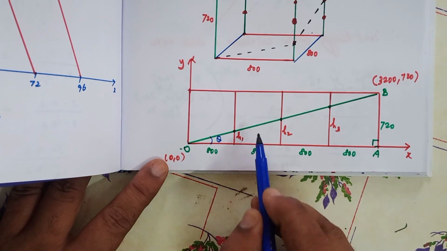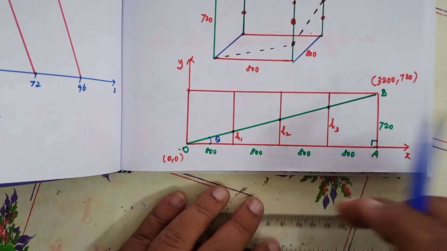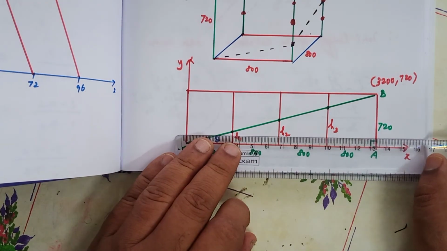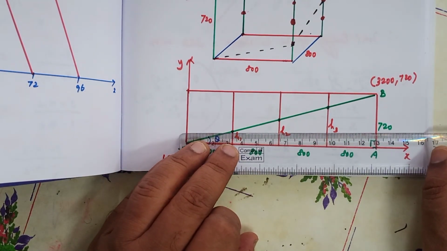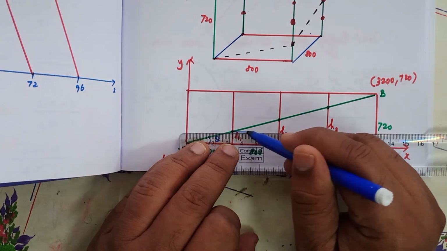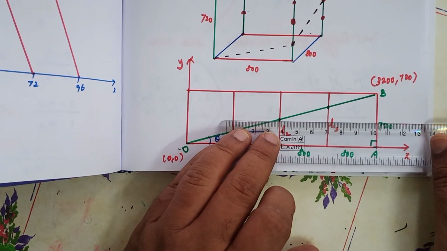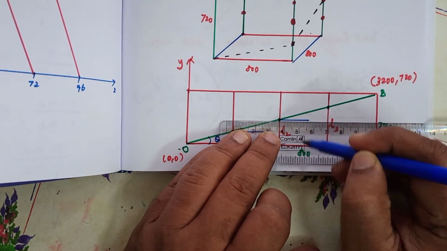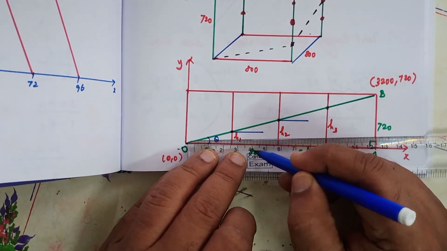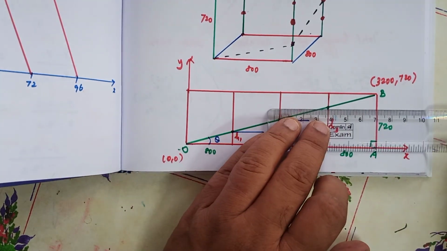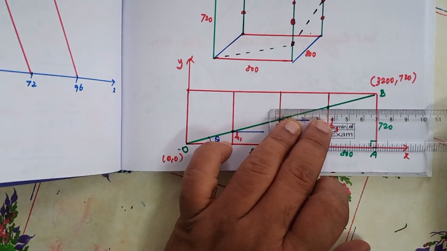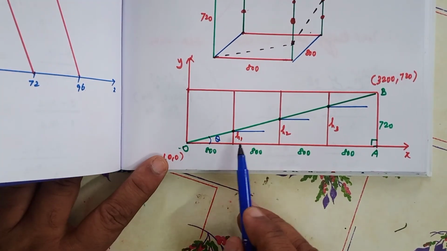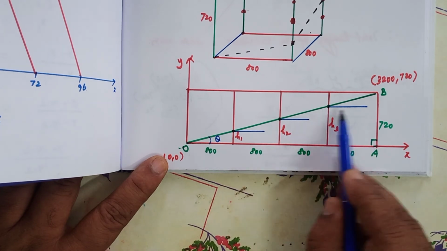From this point, draw a horizontal line to the x-axis. From h2, draw a horizontal line to the x-axis, parallel to the x-axis. And from this point, draw a line parallel to the x-axis. Look at that: these two are parallel, these two are parallel, these two are parallel.